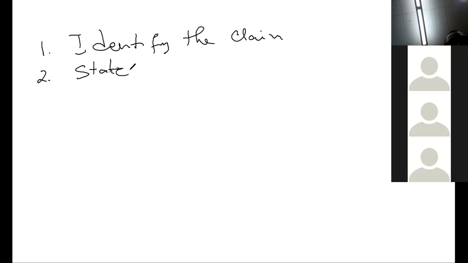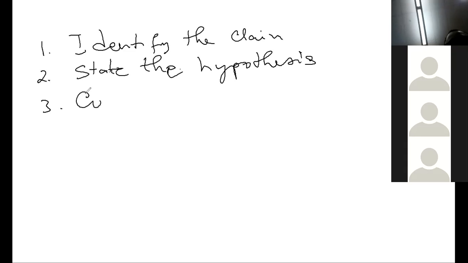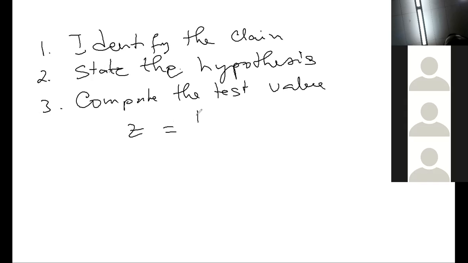Second, using the claim, state the hypothesis. And 3, put the test value. The test value is what is used. It is generally p hat minus p divided by square root of pq over n.